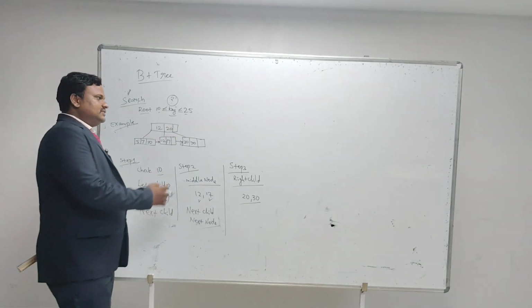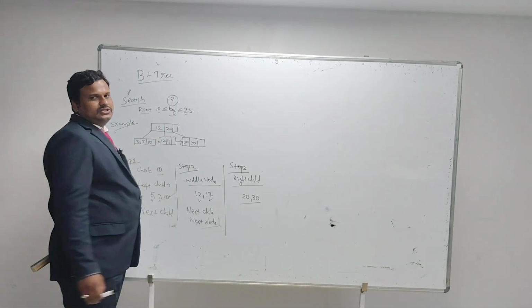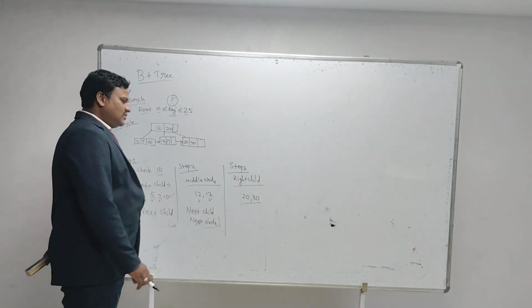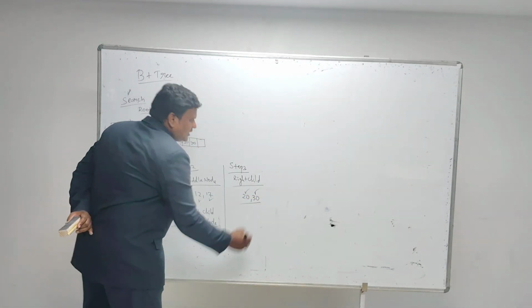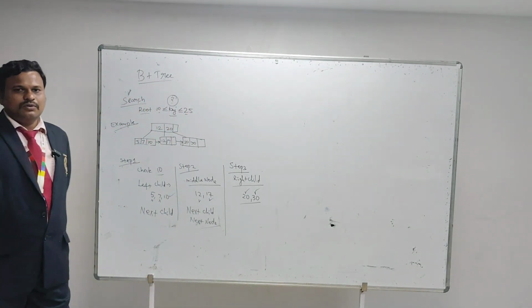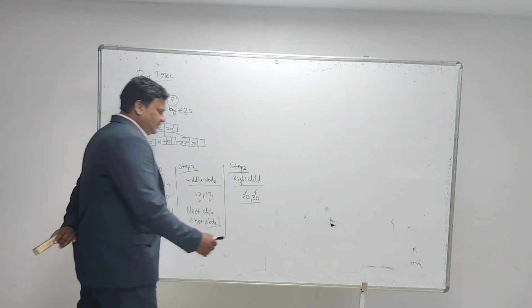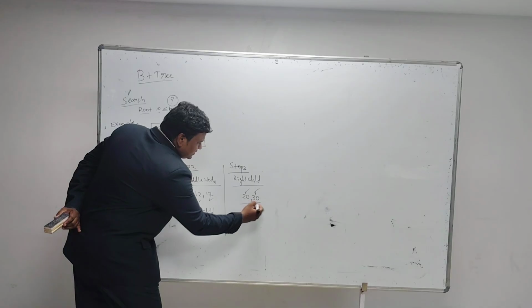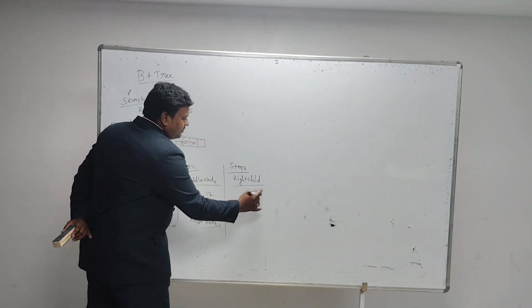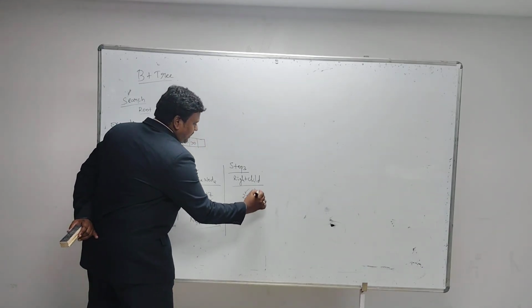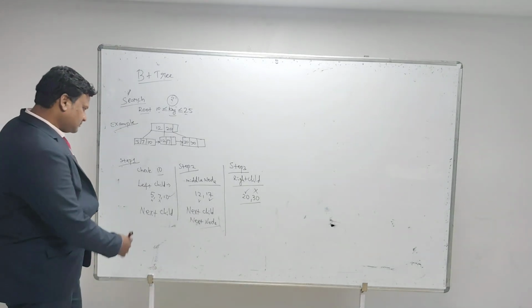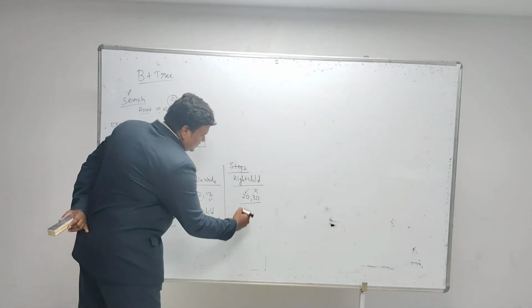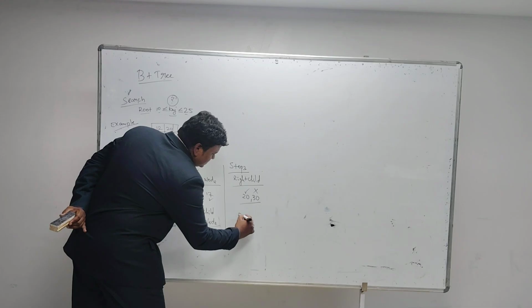We need to search between 10 and 25. Okay, so 20 satisfies this range, but 30 does not satisfy the condition. So finally we found this. Okay, then this is the end of the child nodes.